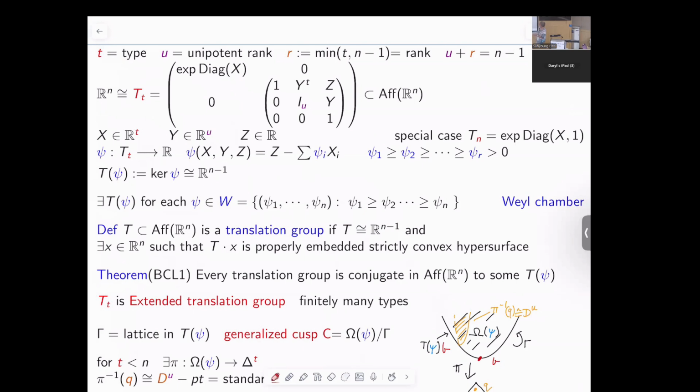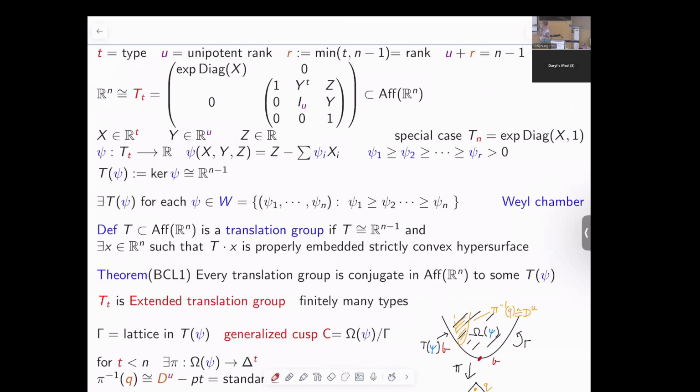What you've got here in the top left corner is a diagonal group. And in the bottom right corner, this block here is the extended translation group for the standard cusp in hyperbolic geometry. So this is an identity matrix. We've got some entries along the top row and in the last column, and everywhere else is zeros.